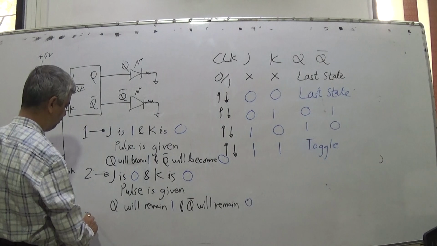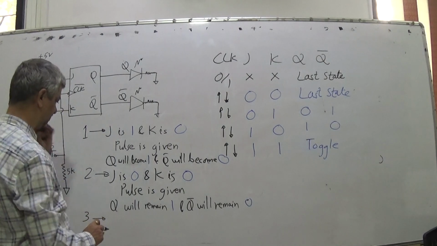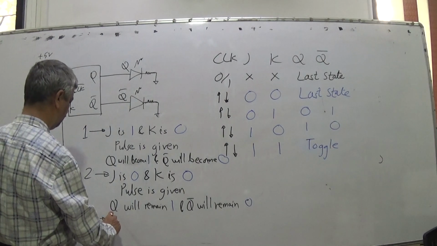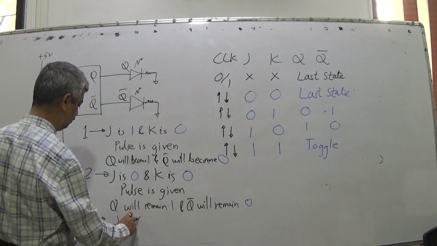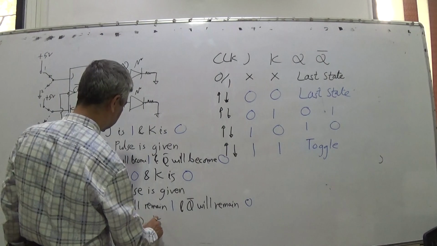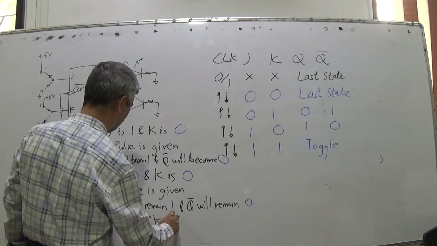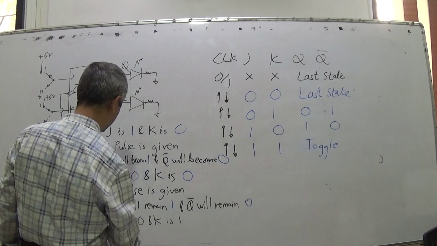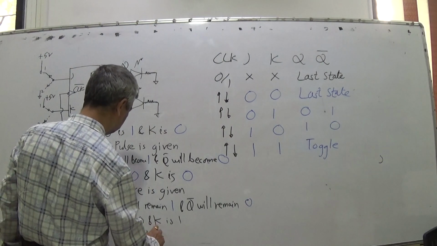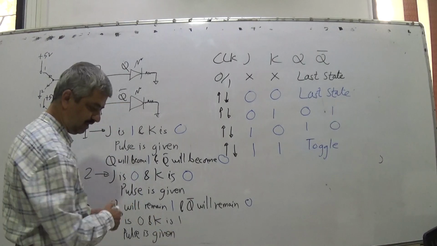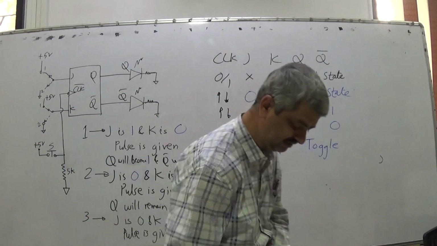Now operation 3, what you can do? Operation 3, you can have J is 0 and K is 1, pulse is given. What will happen? J is 0, K is 1, pulse is given.